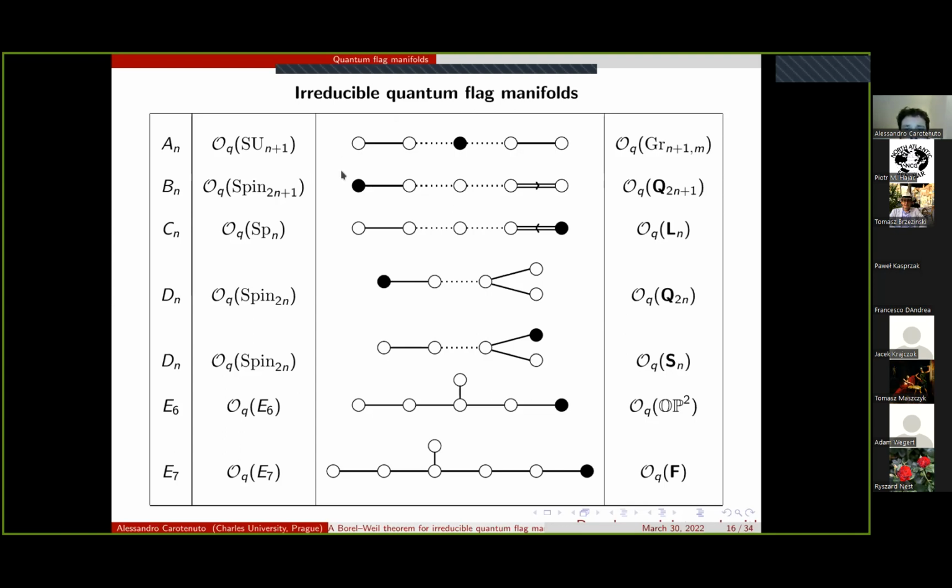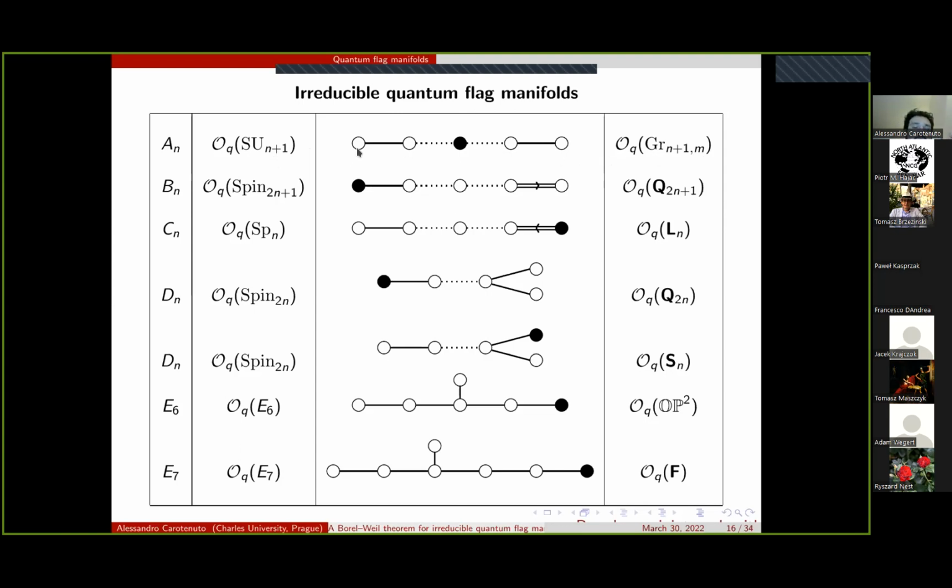And this is the picture for the series A_n. Here, you can cross any single node inside the Dynkin diagram. And the quantum flag manifold that you get is a Grassmannian.